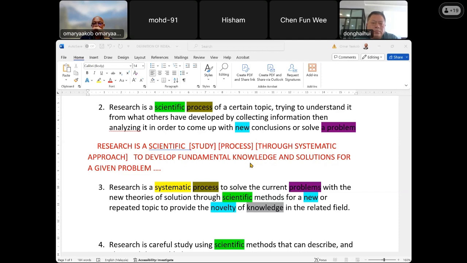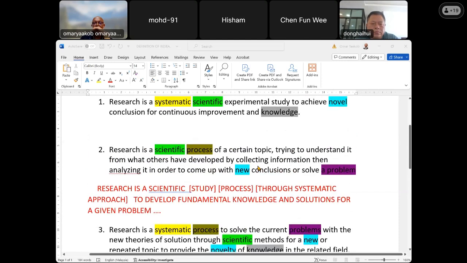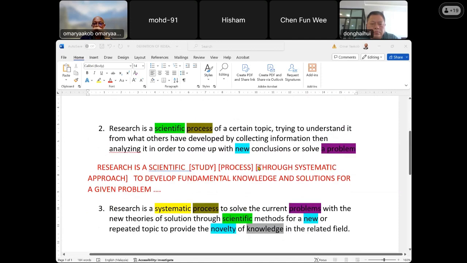Anything that we have, we can say there is a way to improve or a way to solve. So developing both the fundamental knowledge and the solution is a great word to define the research, I think.